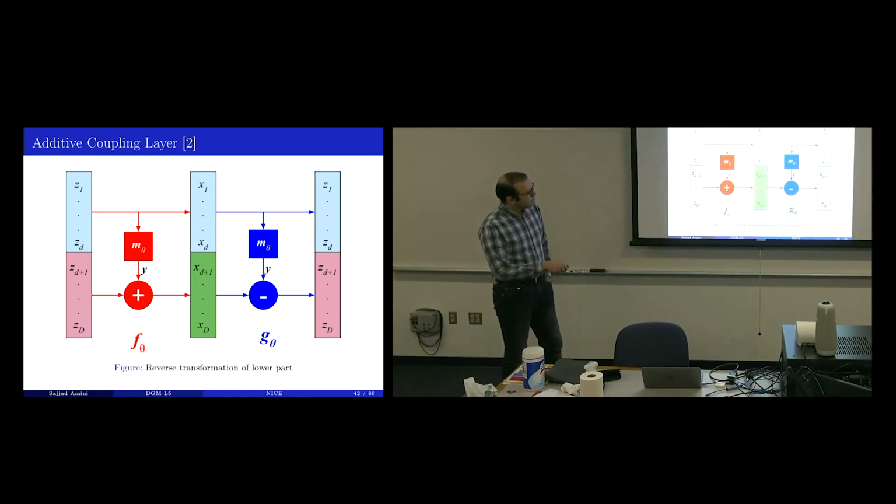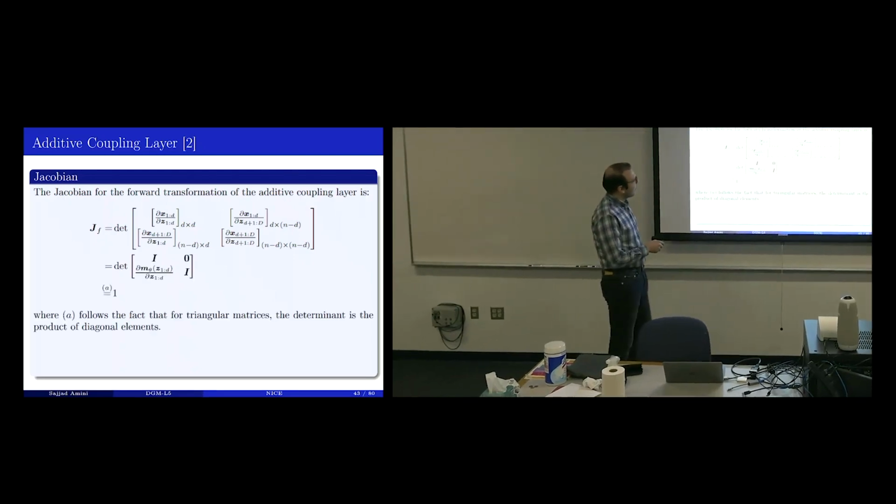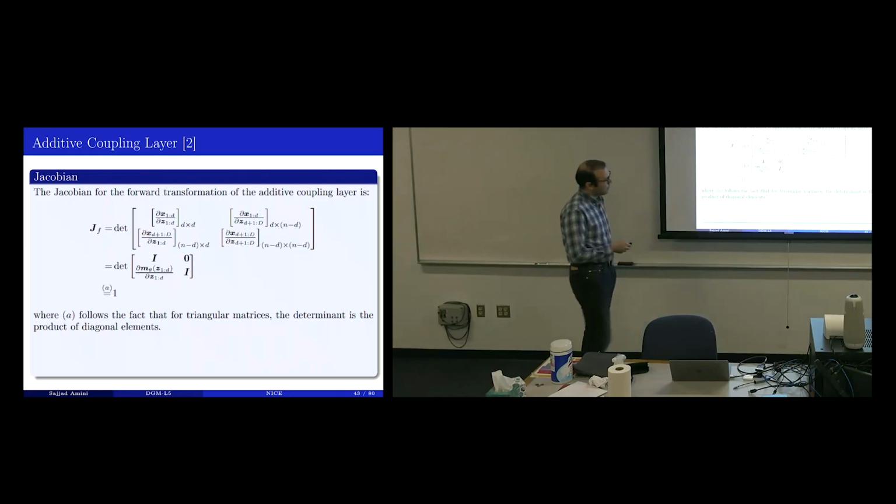This is the forward transformation, this is the reverse transformation, and we see that the Jacobian is very easy, independent of the model parameters, or in other words, this is volume preserving, so the Jacobian terms in your loss are independent of the parameters, so you can easily omit them from the loss function, and you have a very simple loss function. Okay.